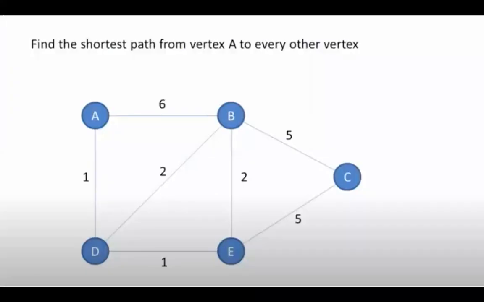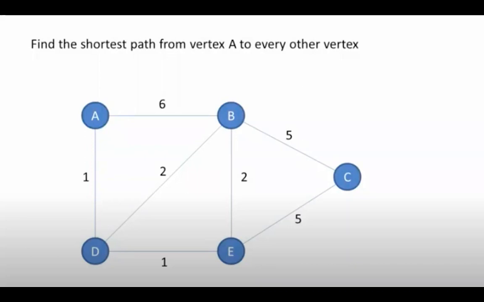Usually shortest path, how it will be is, here you can see 5 vertices are there, and they are connected to one another, and they have got the edge with weights. Okay, weighted edges are there. So question will be like, what will be the shortest path from A to all other vertices?